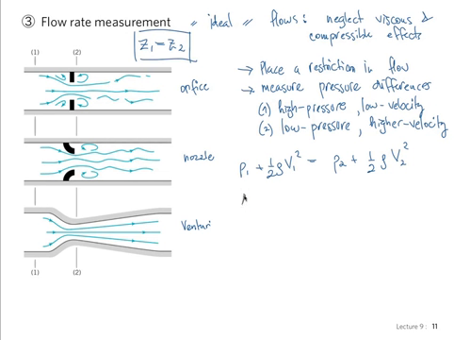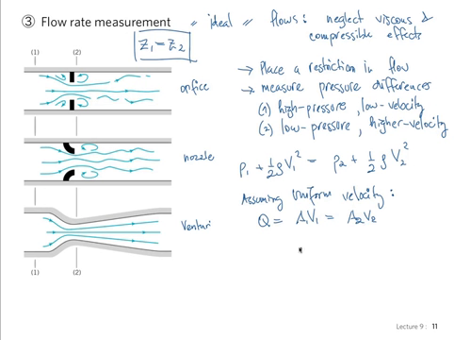And so there's always a degree of approximation here. Q is equal to A1 V1 equal to A2 V2. This is a confined flow, like in the previous slide. The volumetric flow rate is constant, mass flow rate is constant, and also density is constant.